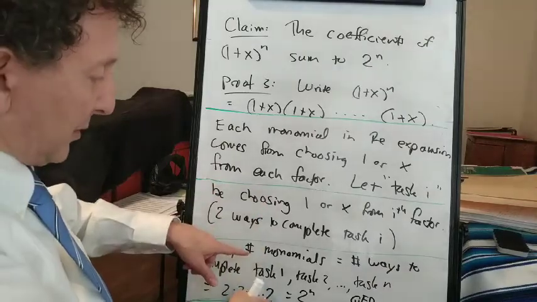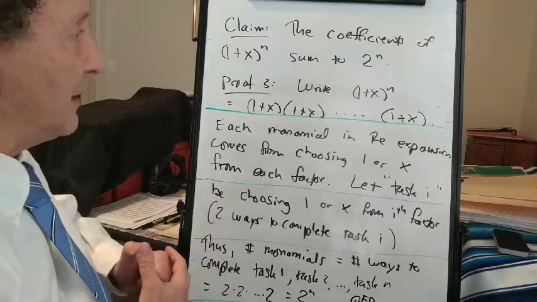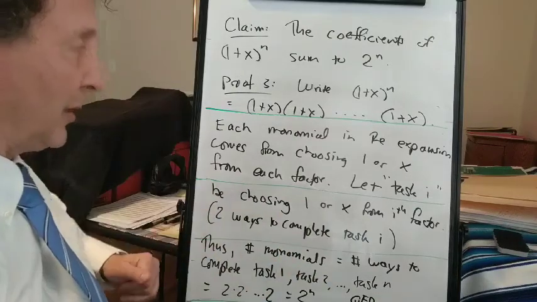And the number of monomials is going to be the sum of the coefficients, because when we combine monomials that are the same, that's what increases the coefficient.